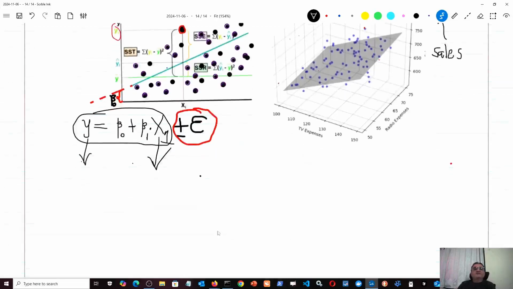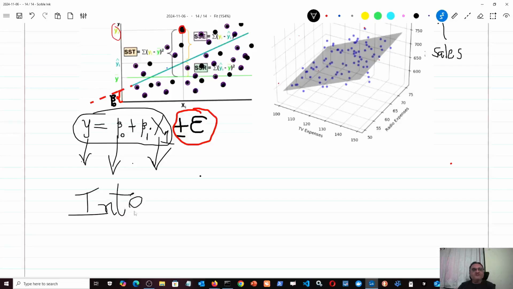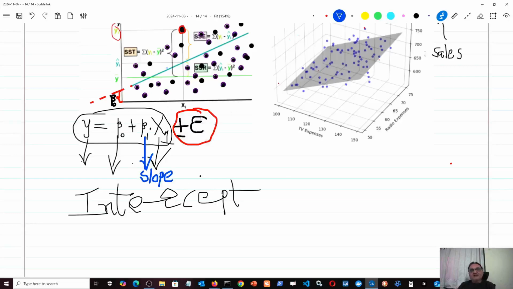This beta 0 is called the intercept on the y-axis, the intercept term or constant term of the equation, and this beta 1 is called the slope term, the slope of the equation. x1 is the independent variable, y is the dependent variable, and this epsilon is the error in the estimation of the model.